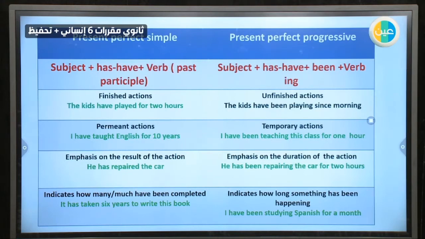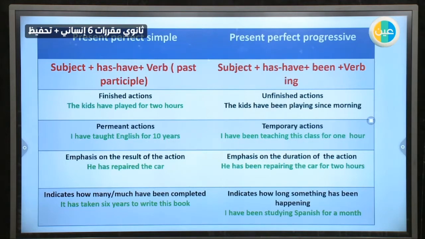Look at the present perfect progressive. Subject, then has or have, which is she, he, it, they, the actors, whatever the subject. Has or have, the same. Then you have to add been, the past participle of the verb to be.